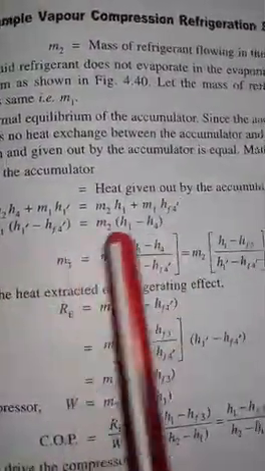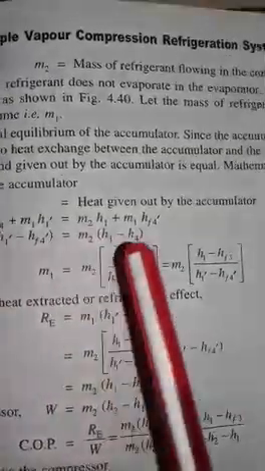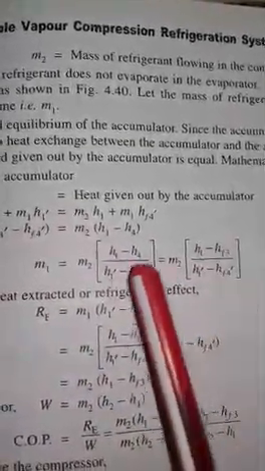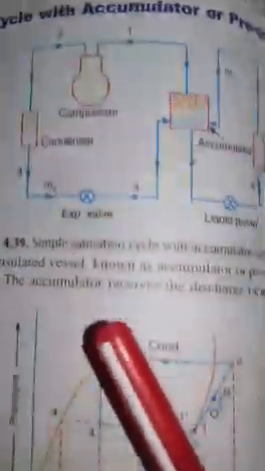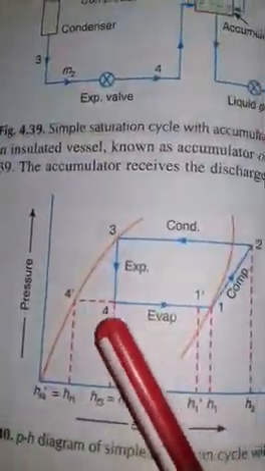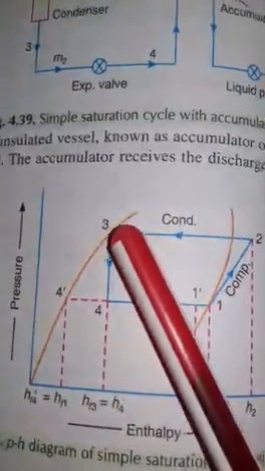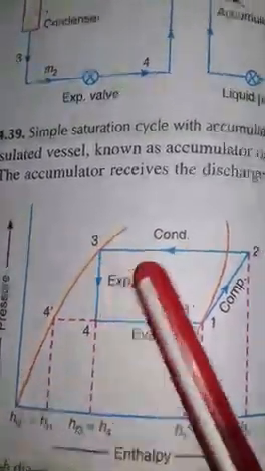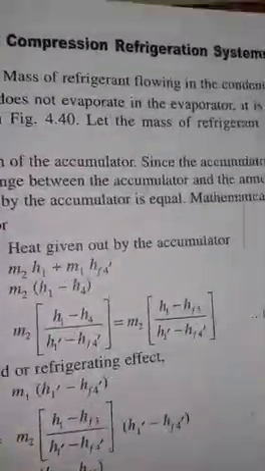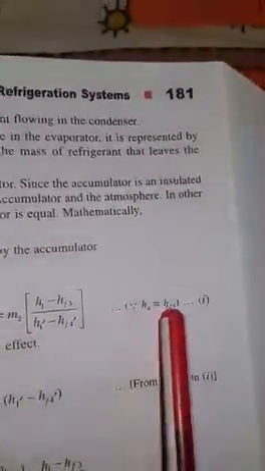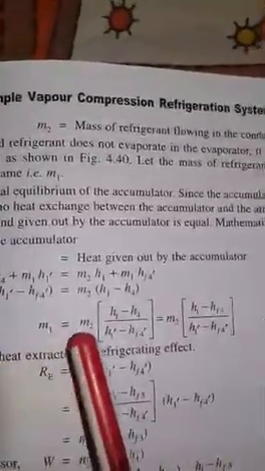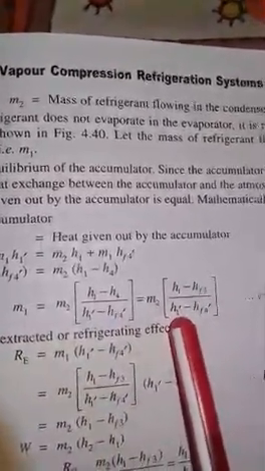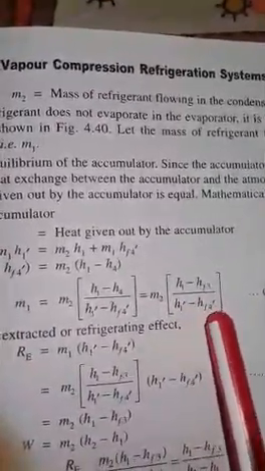Just adjusting this equation, we get this value. Here H4 is the same as HF3, the enthalpy of the liquid refrigerant, both are equal. So H4 is equal to HF3, and M1 will be equal to M2 into H1 minus HF3 divided by H1 dash minus HF4 dash.